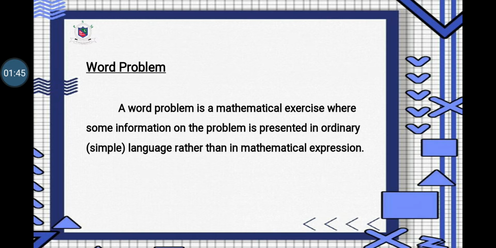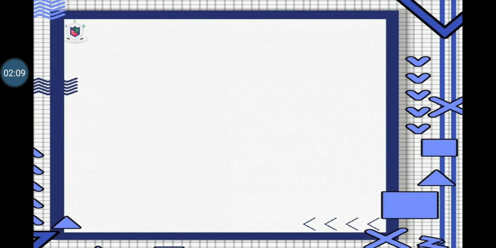This means that a word problem is also a question, but this question is not given to us in the form of mathematical expressions, but always in the form of some language. So that's why we call it a word problem.